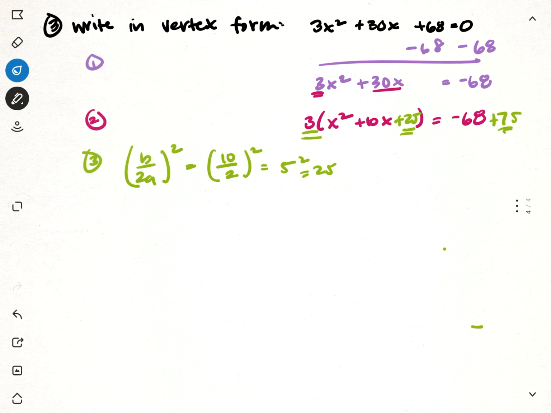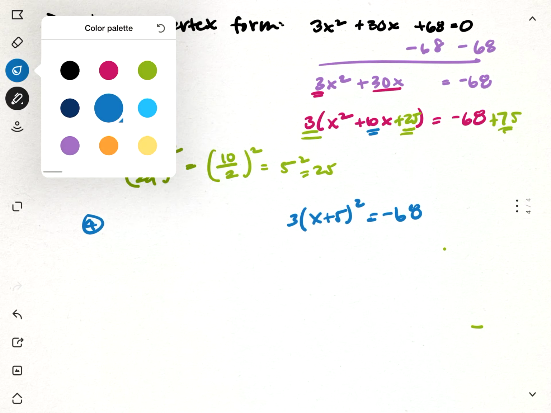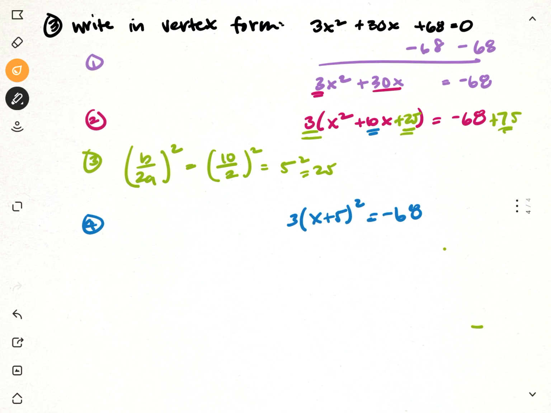Okay, at this point we're going to complete the square. So we have 3 parentheses. We can key on that now because we've already completed the square. So half of 10 is 5, squared, equals negative 68. And then the last thing we want to do is move over the 68. So it's equal to 0. Oops, sorry, not 68.